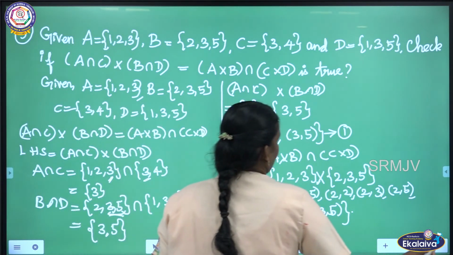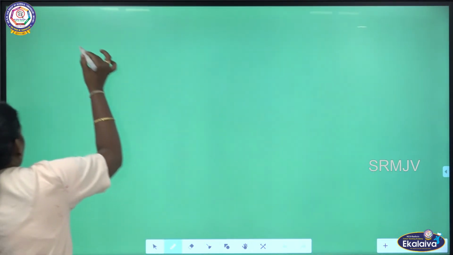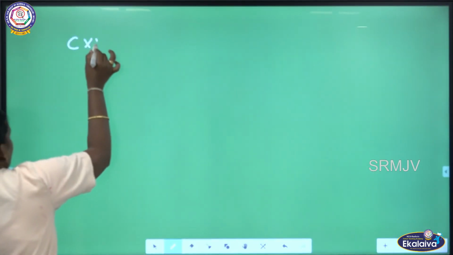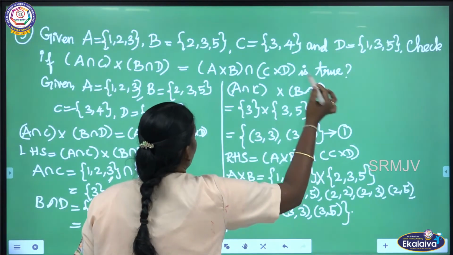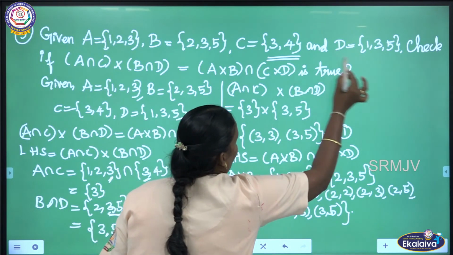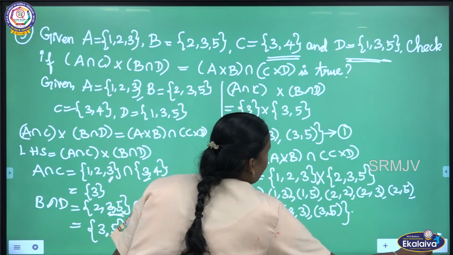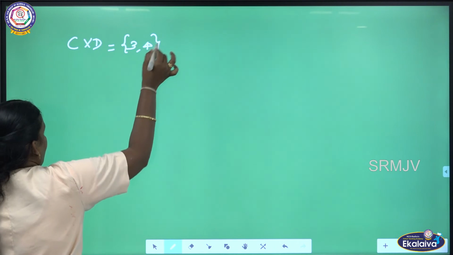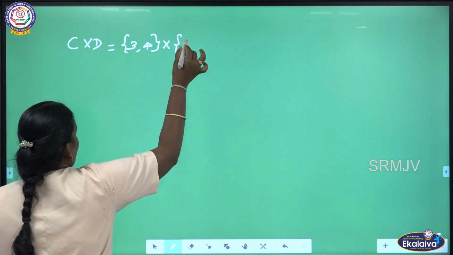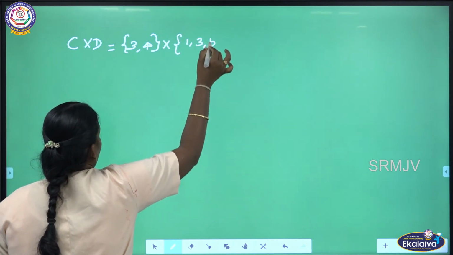After finishing this A cross B, I am going to proceed with our next, C cross D. What is our C set? C set is {3, 4} and D set is {1, 3, 5}. So {3, 4} cross {1, 3, 5}.